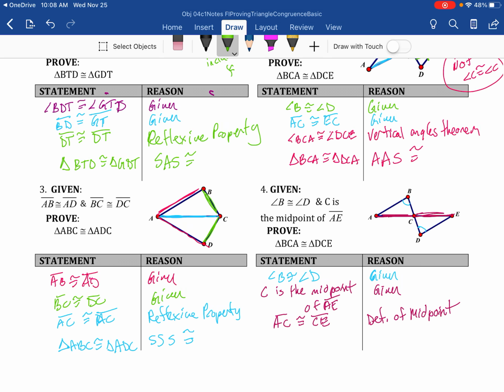So right now I have two parts congruent. Now I need to look for the third. When you're looking for a third part, look for things like the reflexive property. Also look for vertical angles. In this case, I know this angle and this angle are congruent to each other. I know that angle BCA must be congruent to angle DCA because of the vertical angles theorem.